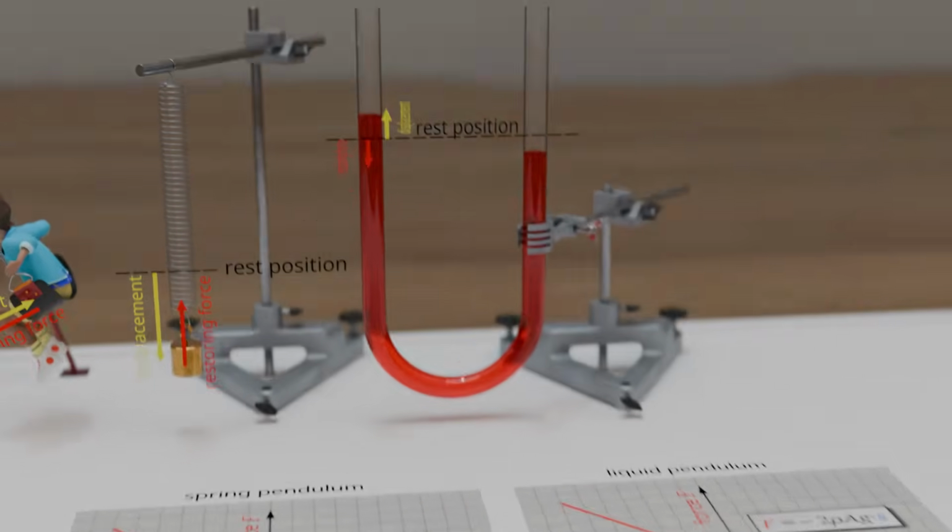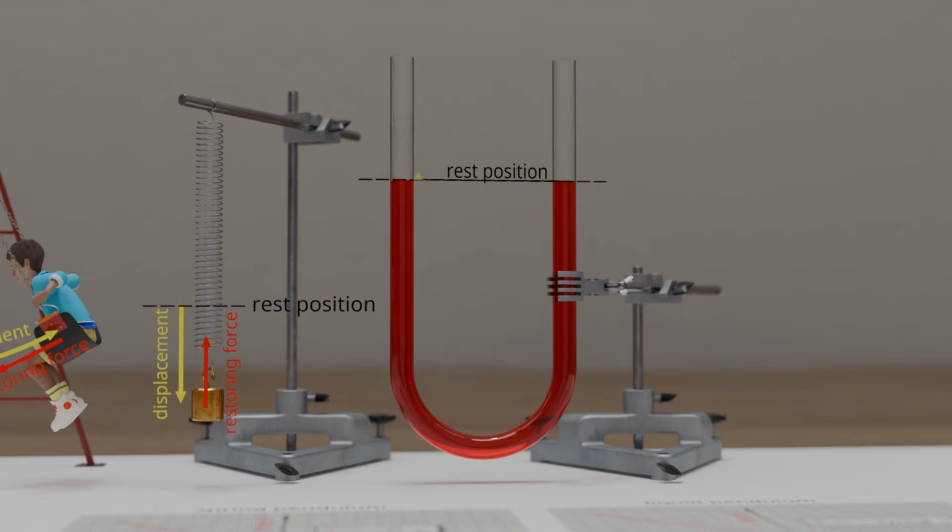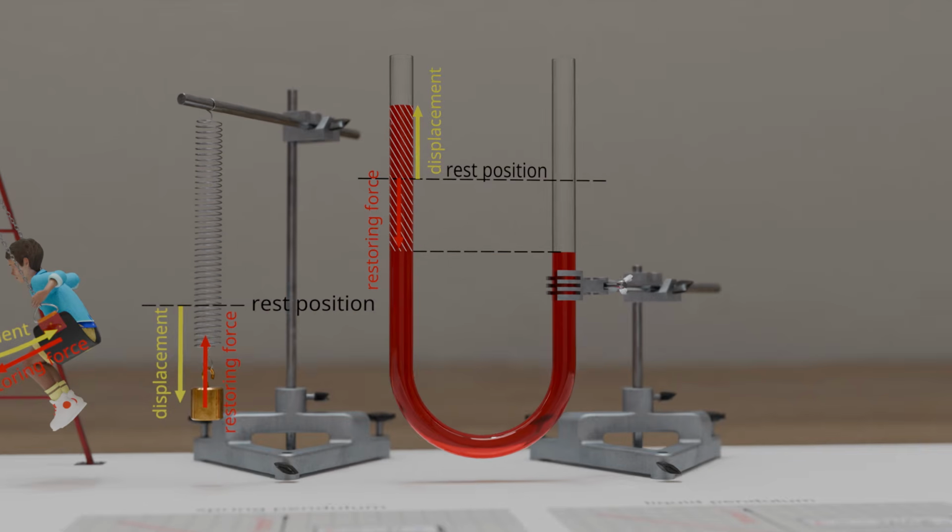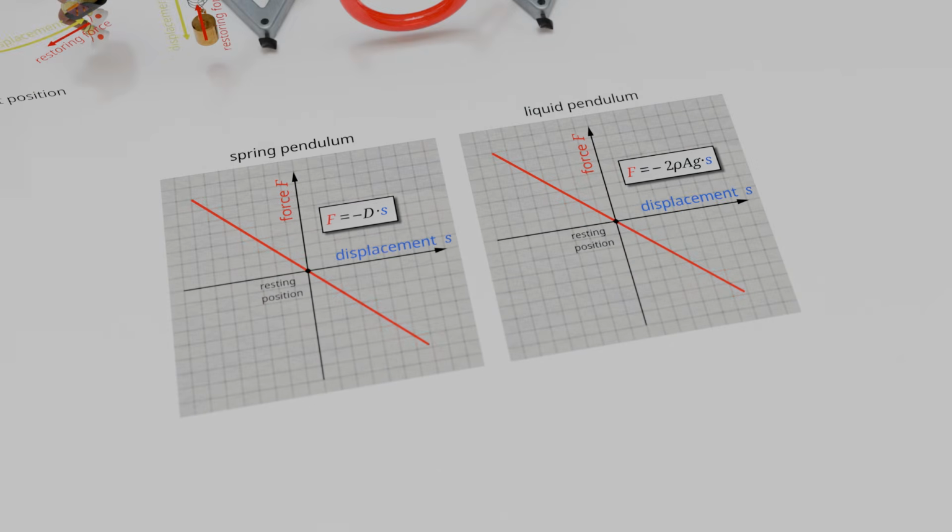The same principle applies to the U-tube. When the liquid is displaced from its rest position, a column of liquid forms whose weight pushes the displaced liquid back toward equilibrium. If the displacement is doubled, the column's weight and thus the restoring force also double. In this case, displacement and restoring force are proportional.